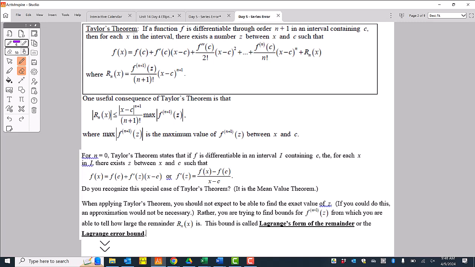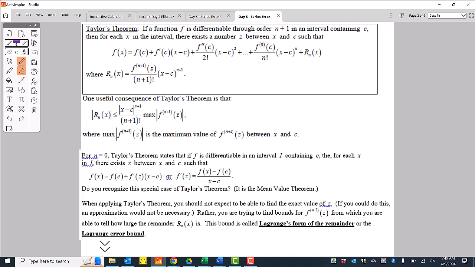So Taylor's theorem says that we can create a polynomial, and if we stop the polynomial, it has some remainder. That remainder is going to be the n plus 1 derivative at z, times x minus c to the n plus 1, over n plus 1 factorial. So there's some value where the next terms would equal the remainder, whatever's left over, the error in our approximation, if you will.